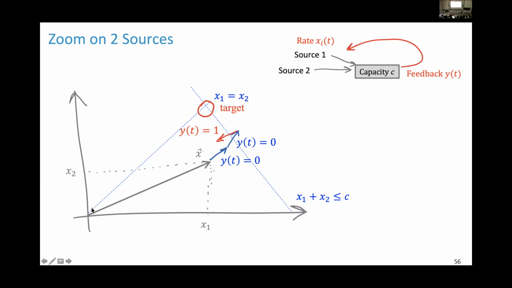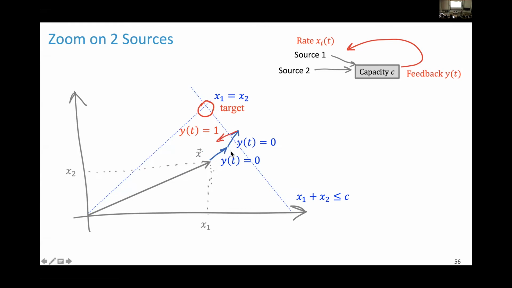That gives me another line. And ideally, I want to be maximally fair and maximally efficient. So I want to be in the intersection of these 2 lines. And this is the target rate. Now imagine that at some point we have this value for x1 and this value for x2. This gives me this vector x. And I want my mechanism, my linear law, to make me go from this point to the target value here.